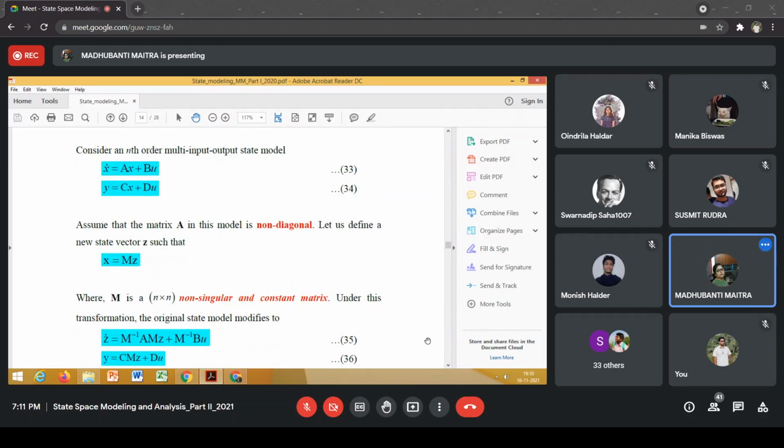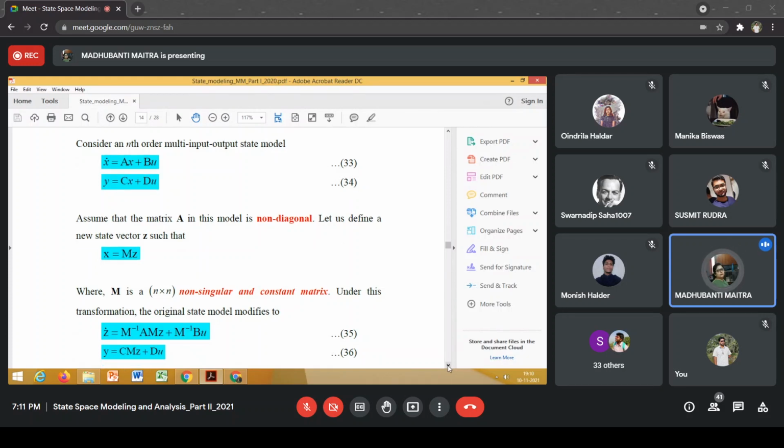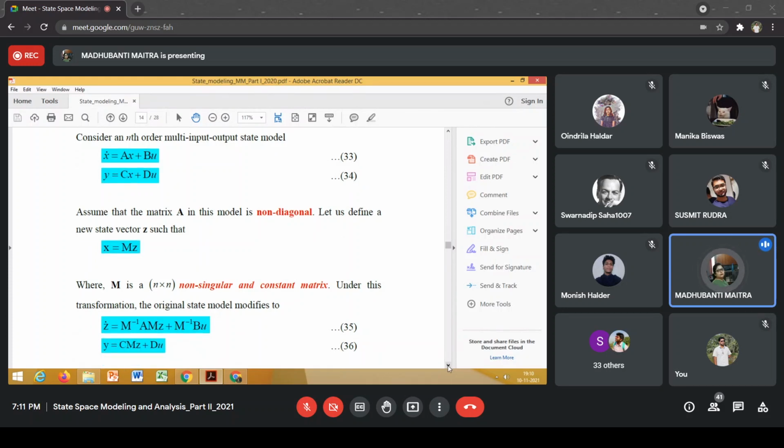Now, let us define a new set of state variables denoted by z, and let us assume that x, the original set of state variables, and the new set of state variables or state vector z are related by this relation, that is x is equal to Mz.